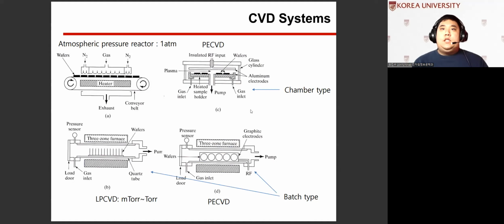There are some kinds of CVD systems. First, there is the atmospheric pressure reactor. We use heat and gas to deposit on the wafers, but because it tends to be contaminated really easily, it is not industrially used.